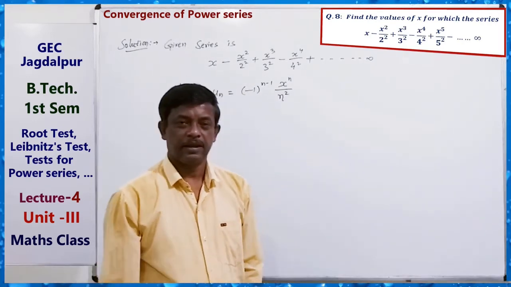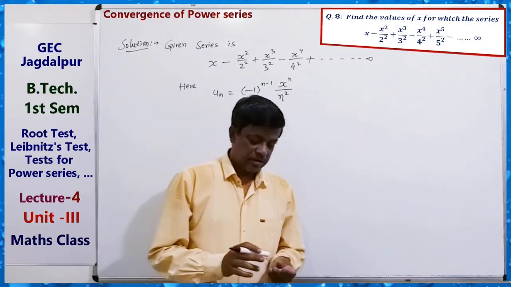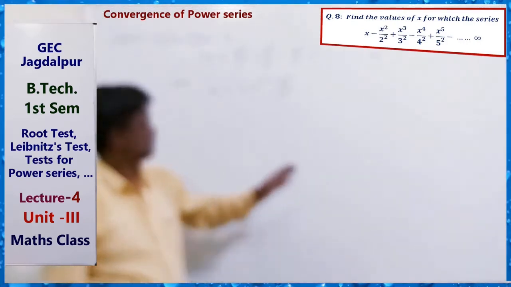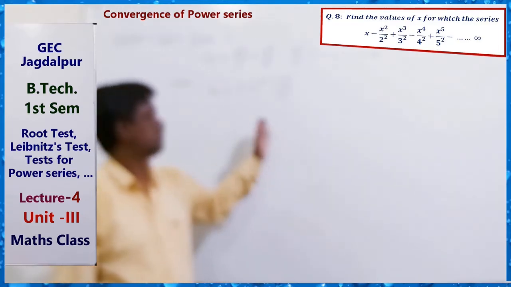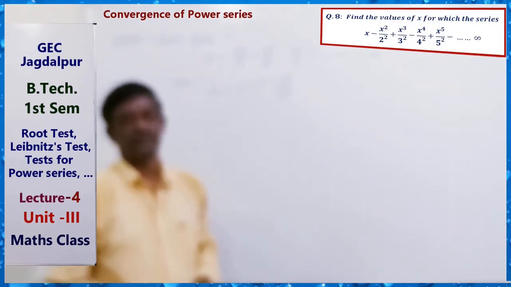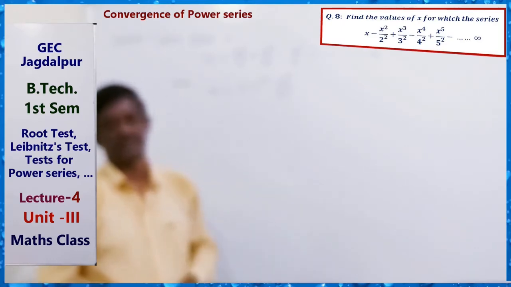Now this is a power series because of x to the power n, so it can be checked for convergence by using the ratio test.